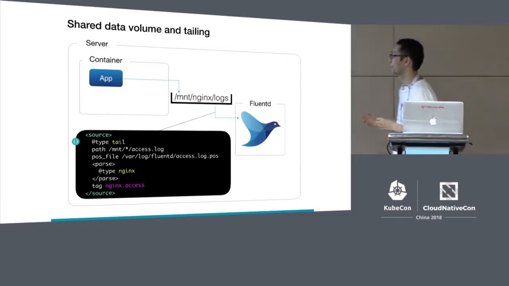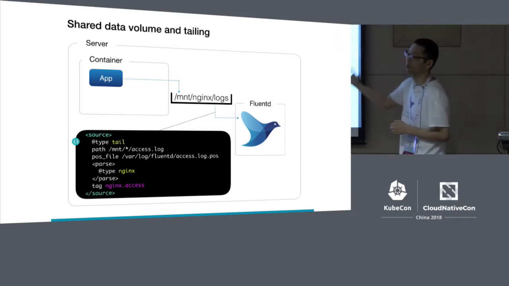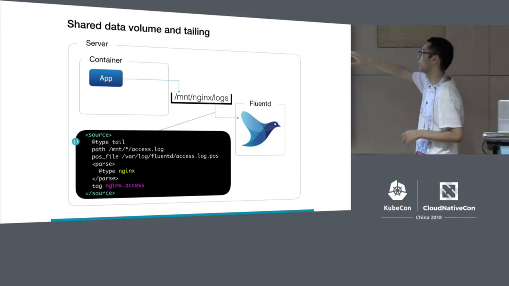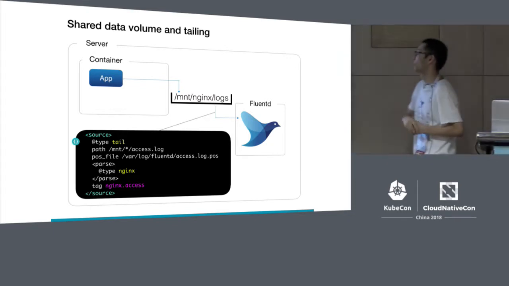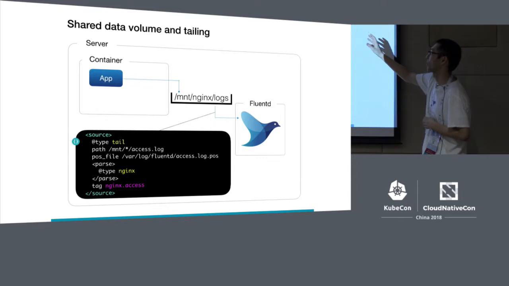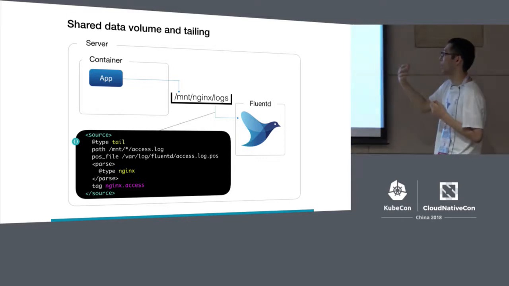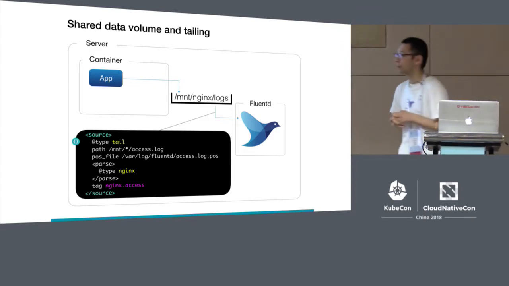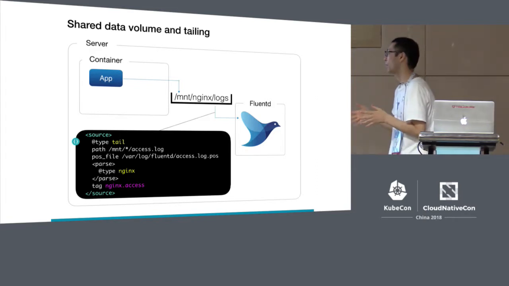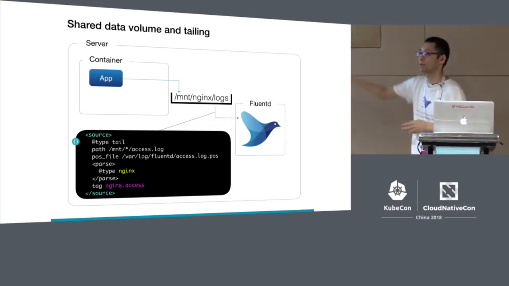In this case, you can use a shared data volume to access the data from Fluentd. Here, nginx logs are stored into the mounted nginx logs directory, and Fluentd accesses these logs via the shared data volume. Using the tail input plugin, Fluentd reads the local files to collect data. The tail plugin is a very popular plugin in Fluentd because it is very useful for on-premise environments. So this is the general approach in the Fluentd world.